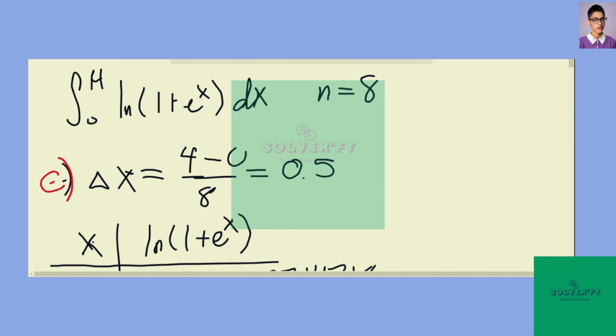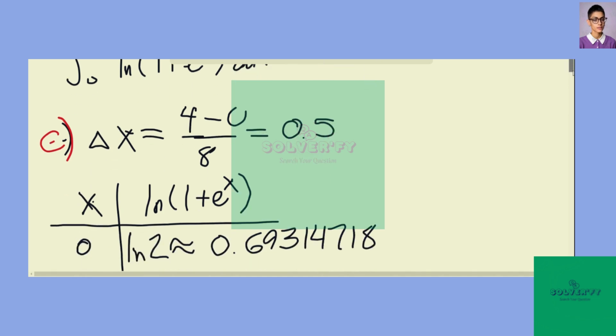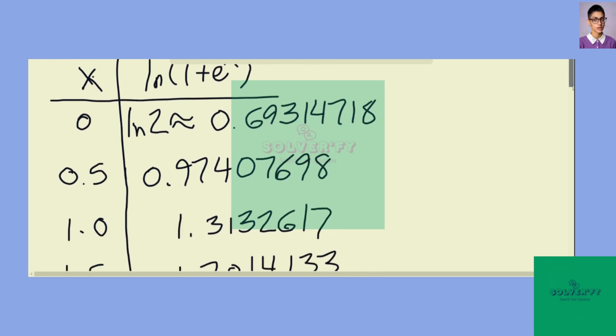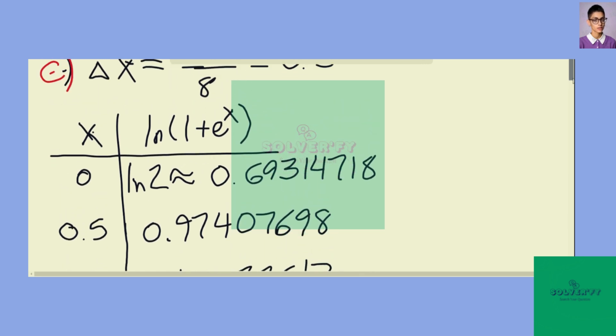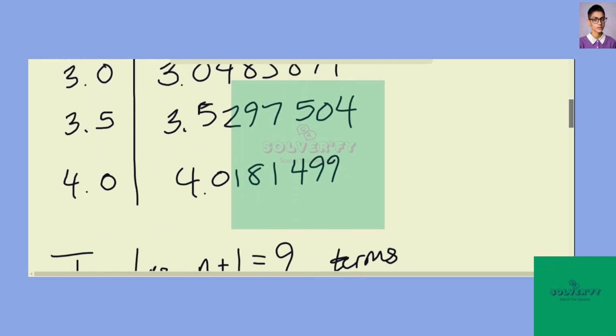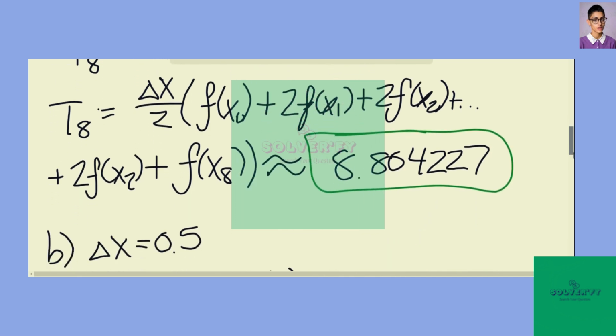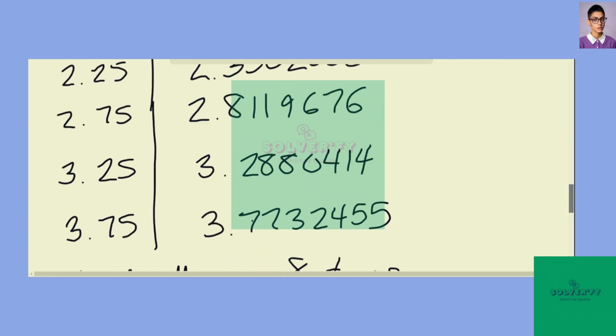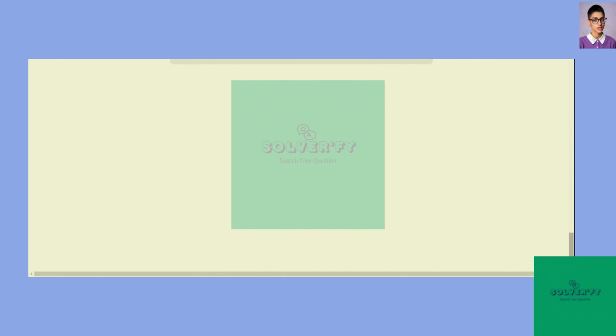So this now becomes part C. Just as in part A and part B, the interval length is 0.5, and just as in part A, the table consists of, on the left, all the endpoints of the subintervals, and on the right, the value of the function at those endpoints. So this table is the same as in part A, but now our formula is going to be a little bit different. Below part B here, I'll finish part C.